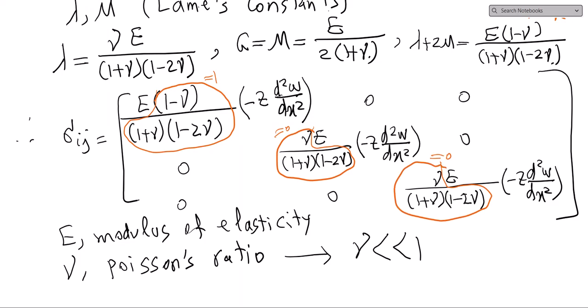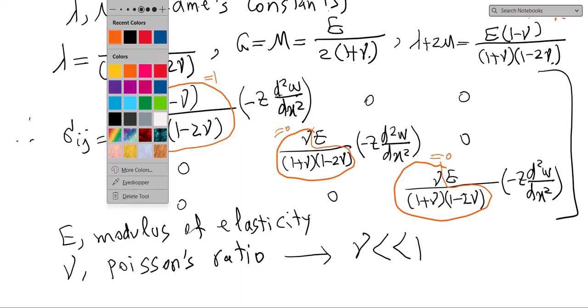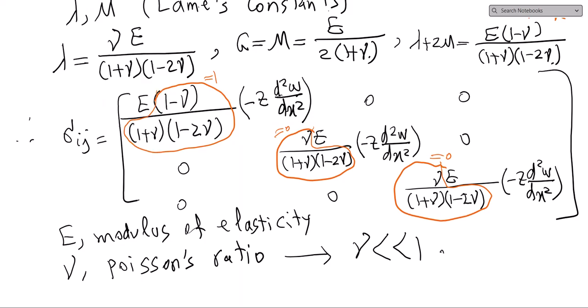So again, assuming mu is negligible for some materials, you will not get the normal stresses in the y and z direction. The only one that survives is in the x direction, and as you see here it is given.